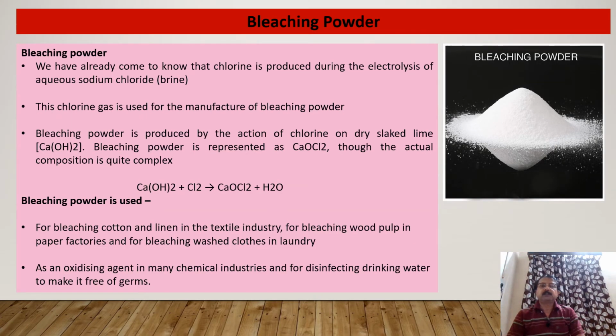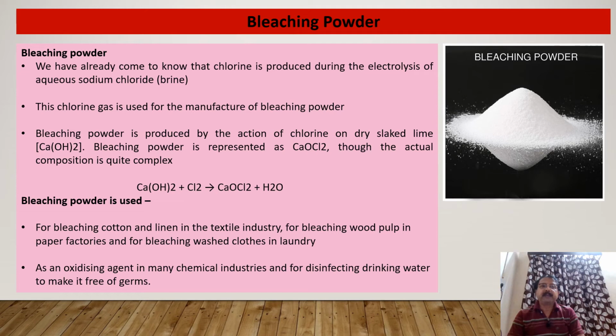Now we'll study bleaching powder, how bleaching powder is manufactured and what the usage of bleaching powder is. We have already come to know that chlorine is produced during the electrolysis of aqueous sodium chloride.